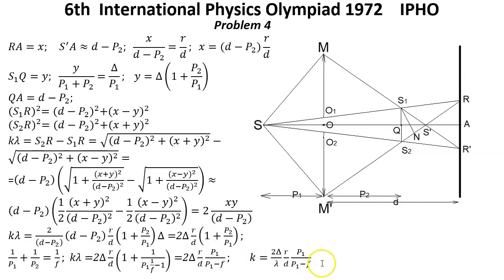Remember that K is just for one half of the pattern, and we didn't count the zero interference. So it means that the total number N will be equal to K plus 1, which is this expression. That was a solution for the second question of problem number 4.